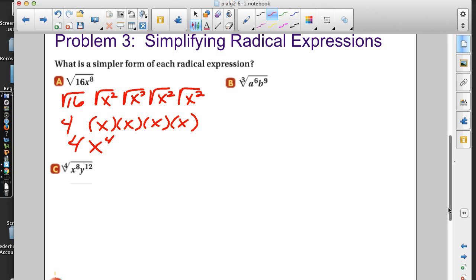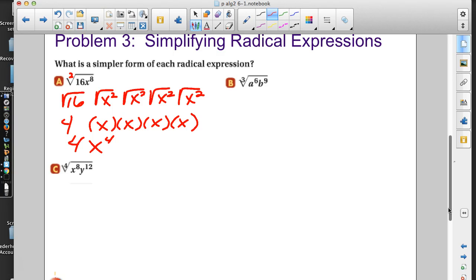Now I think about that absolute value bar piece. So here's what I'm checking. Is the index even? Because if the index is even, I might need absolute value bars. Yep, that was a 2. Okay, the index was even. Is my answer raised to an odd power? I don't need absolute value bars because this will guarantee that this is going to be positive. So when they wrote this problem, notice it was x to the 8th.